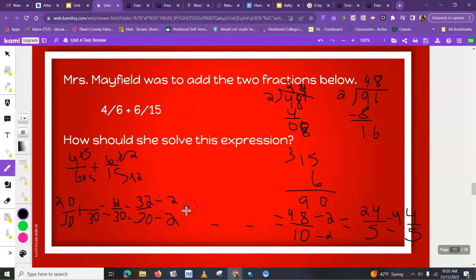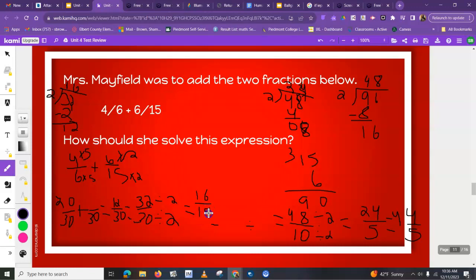So 32 divided by 2, let me make sure. It's not going to give me 11. 2 goes into 3 one time, that'll be 2, subtract that, I get 1, bring down the 2, 12, so that'll be 16. So 16, and then 30 divided by 2 is 15.